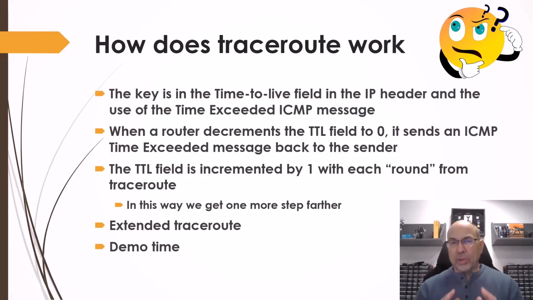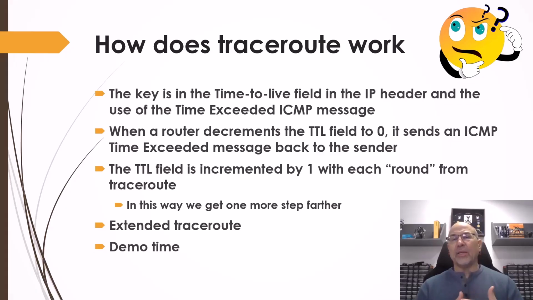Now, traceroute leverages this by sending messages out first with a time to live of 1, and then with a time to live of 2, and then a time to live of 3, and so on. So the first router gets it, the time to live is 1, it decrements it to 0 and sends a message back. And you go, aha, I know the first hop out.